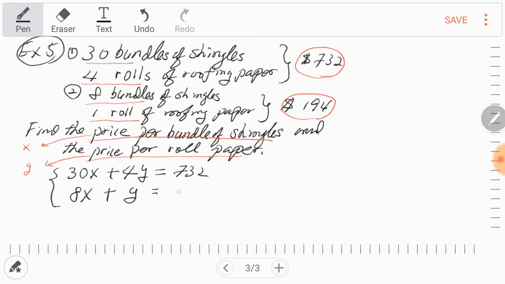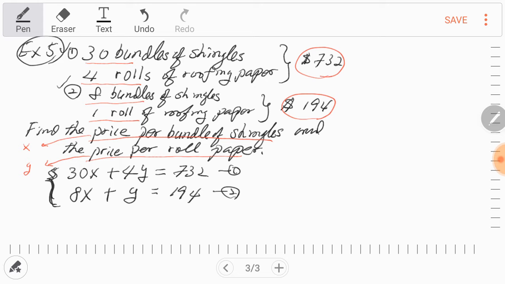Then the second purchase was $194. So we set up a system of equations using the two purchase information. This is the first purchase, this is the second purchase. Let's use the substitution method.